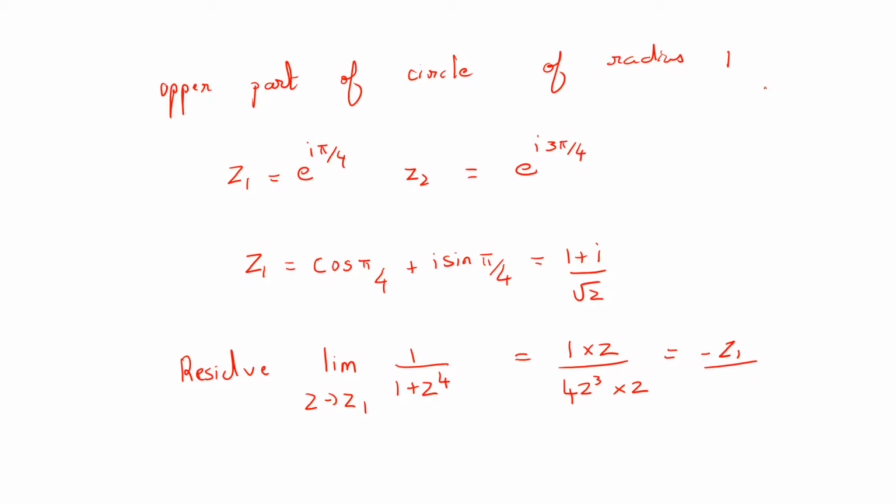We use that and we get minus z by 4. Now similarly, we evaluate the residue at the second singular point, the limit z going to z2 of the expression 1 by z power 4. So this is minus z2 by 4.